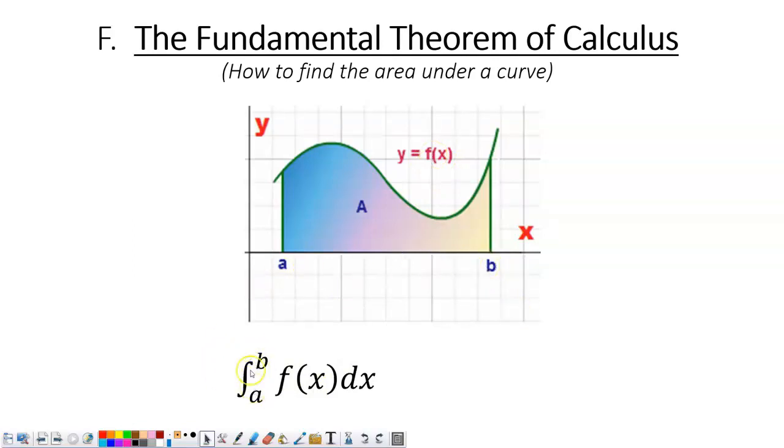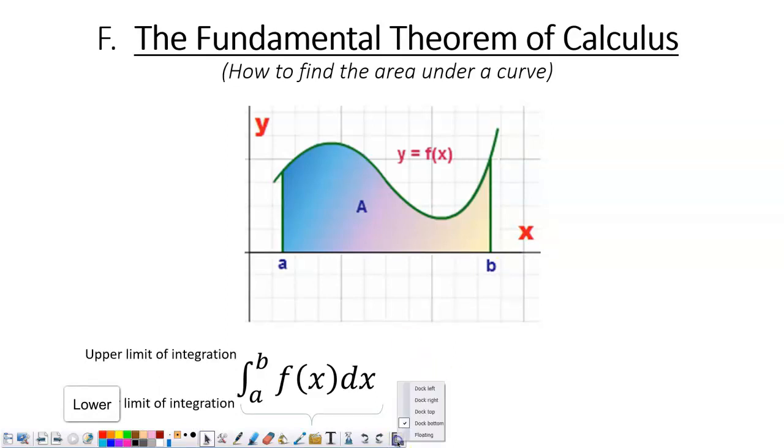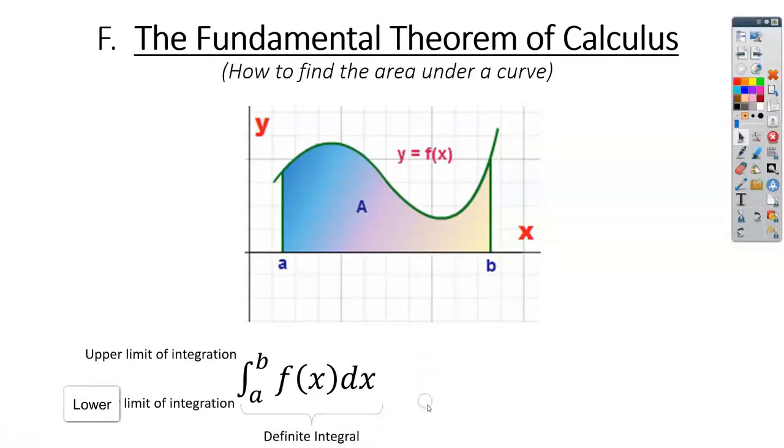There's something new here though, right? Our little integral symbol has the lowercase b and the lowercase a there. Those are the x values, the starting point and the ending point. Those are what we call the limits of integration: the upper limit of integration and the lower limit of integration.